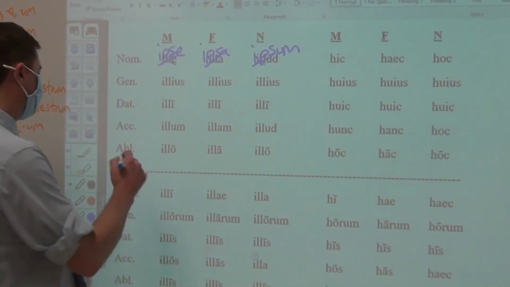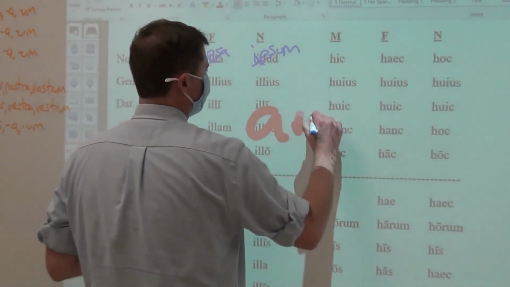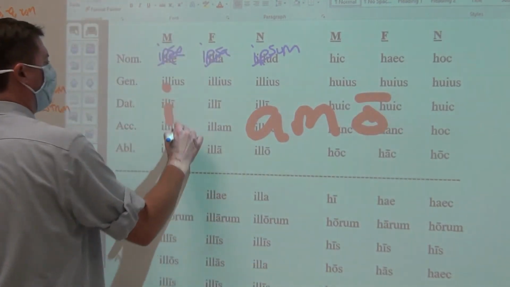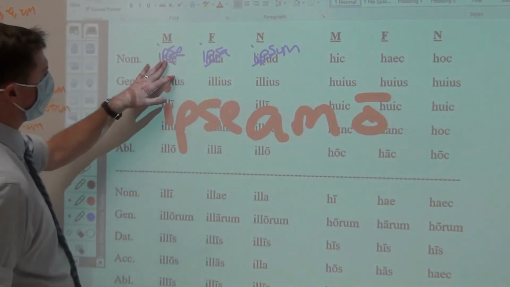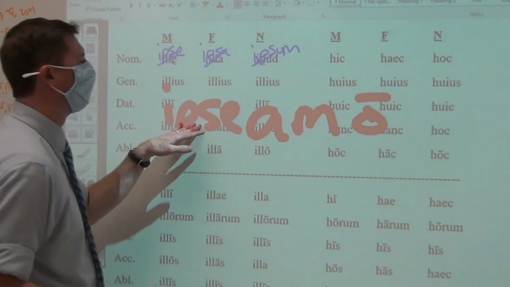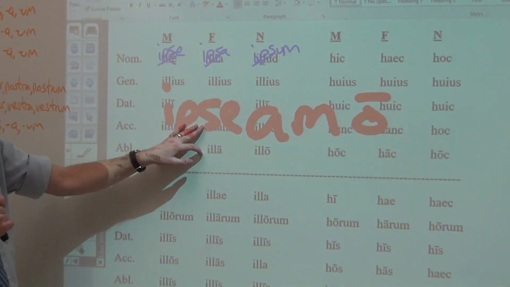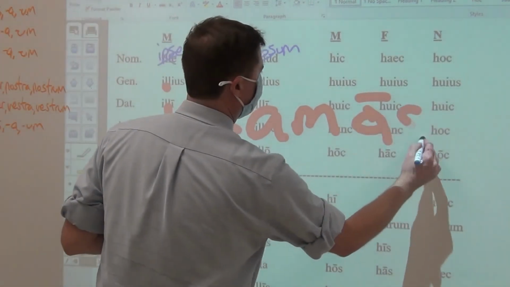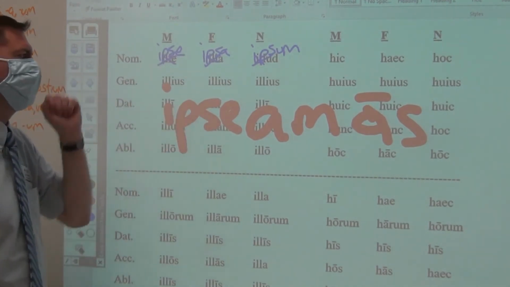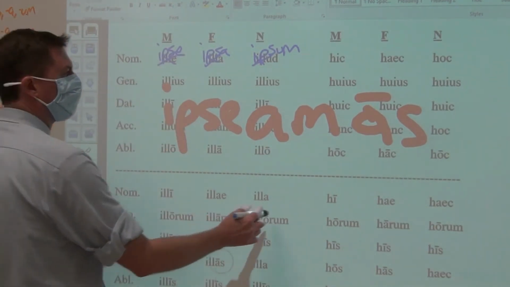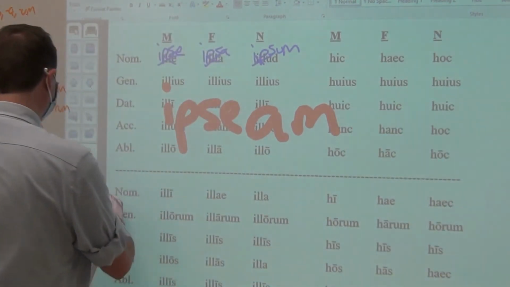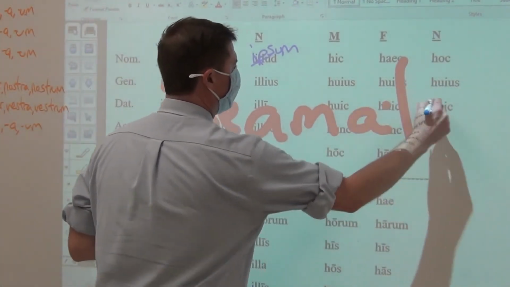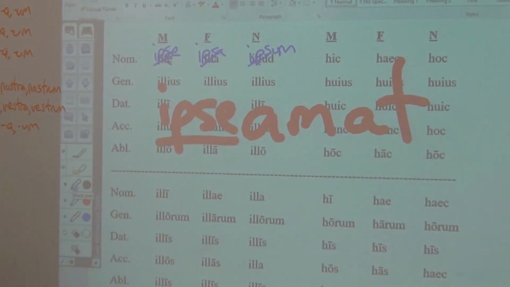So if I were to have here, amo ipse, that ipse can mean I myself love. If it were ipse amas, you yourself do the loving. And he himself does the loving.